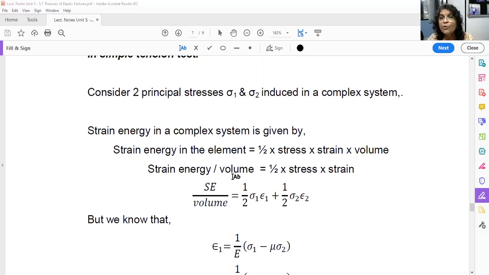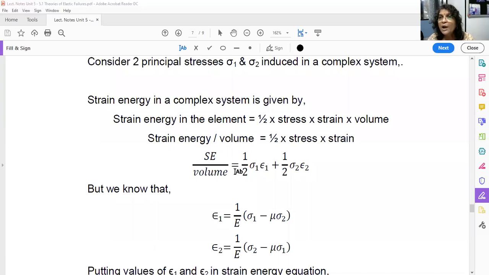Now, how to find stress and strain in a complex system? There are sigma 1 and sigma 2, epsilon 1 and epsilon 2: the maximum stress and strain, and the minimum stress and strain. So strain energy per volume is equal to 1/2 sigma 1 into epsilon 1 plus 1/2 sigma 2 into epsilon 2.